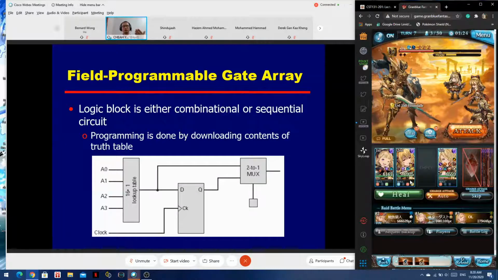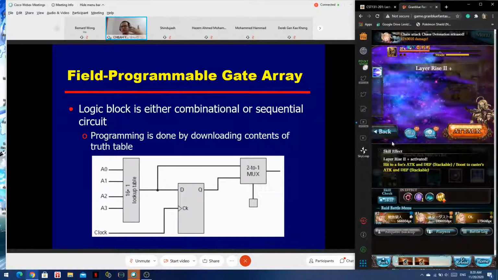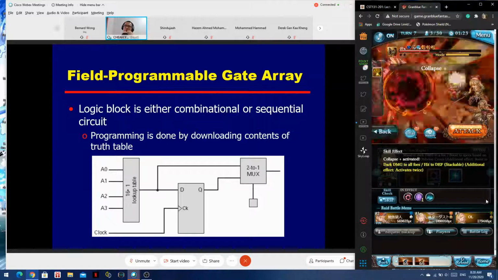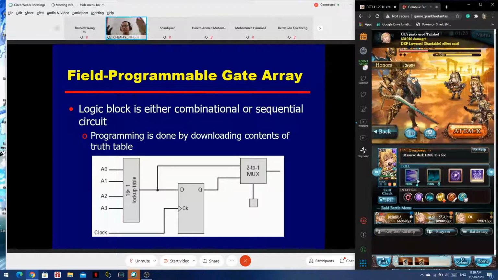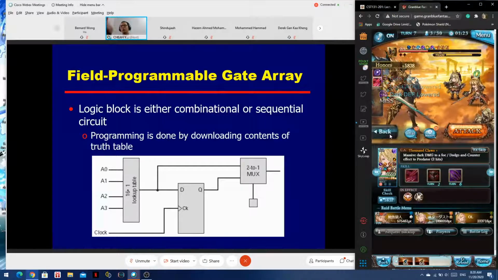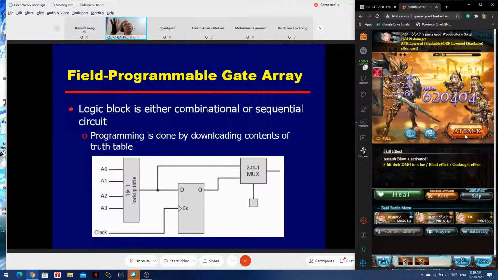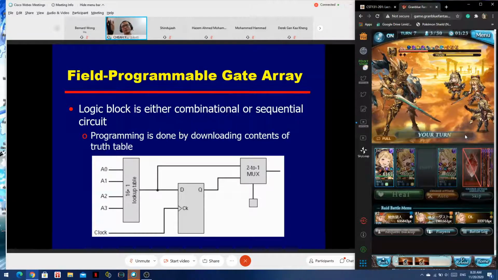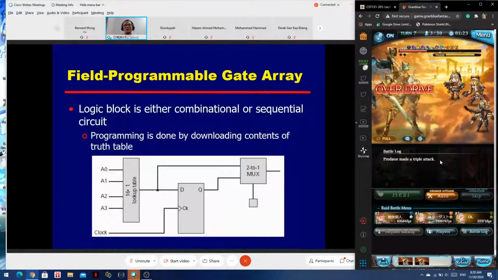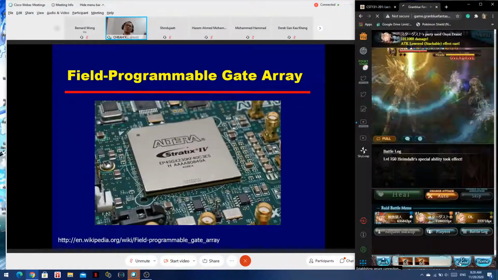Okay, so if you can imagine, again, you have addresses or certain lines to select or trigger, and then you also go into a multiplexer, and ultimately the function comes out, or which block to activate, and so on. Yeah. Okay, so that's a general idea.